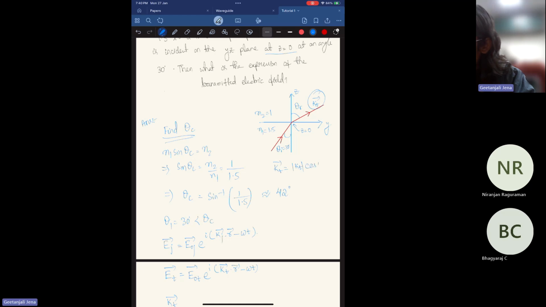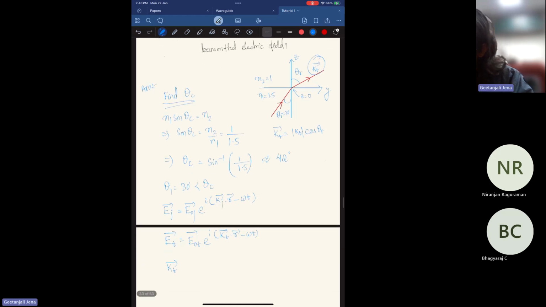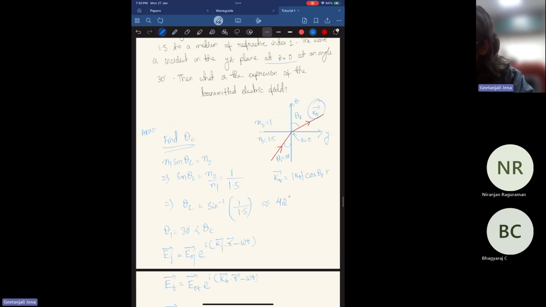cos theta r, right? Cos theta r K cap, plus k_T sin theta r J cap. This is the expression for k_T.